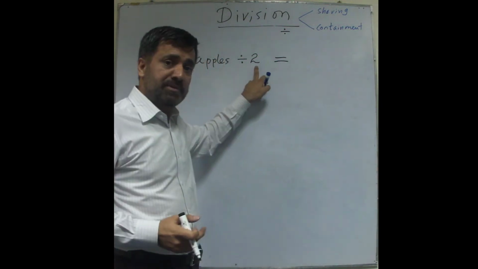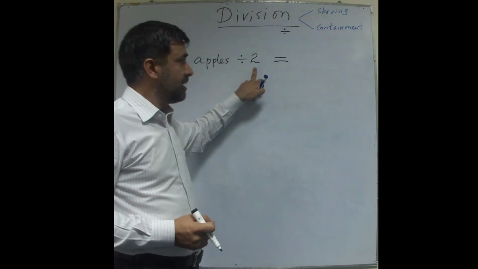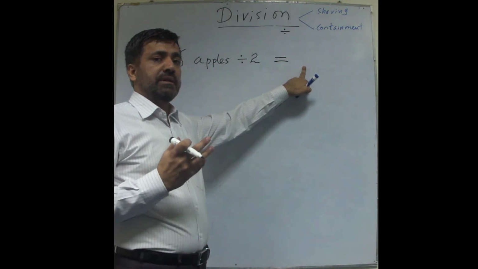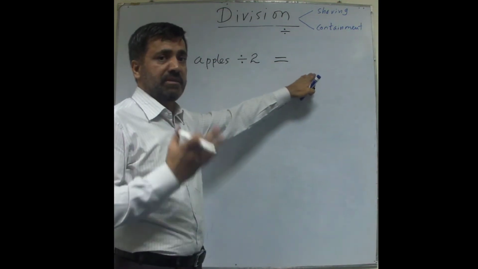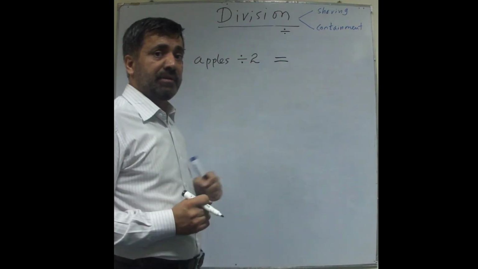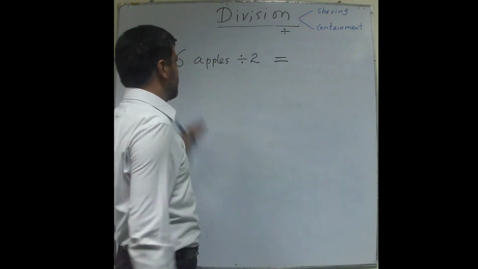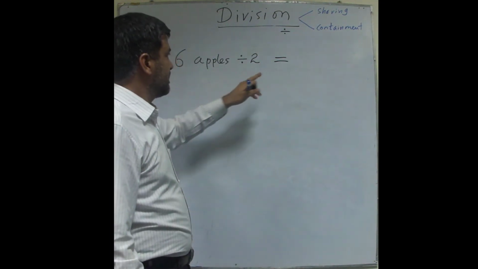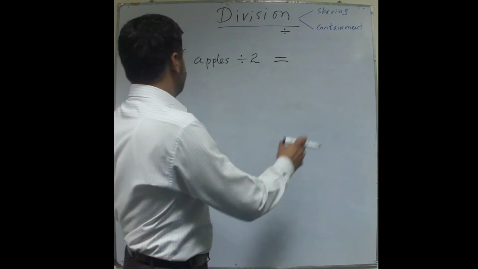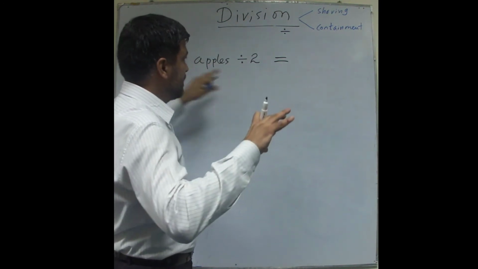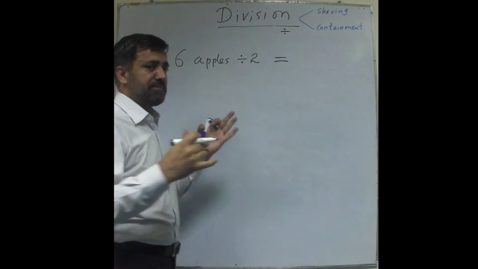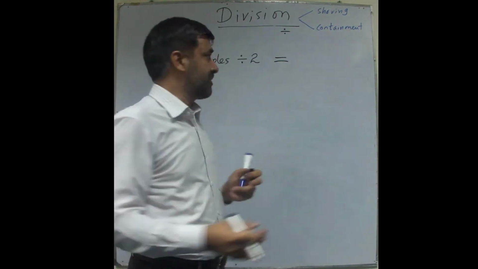Because you know the number of groups, you know the number of collections. This will give you the number of objects, in this case the number of apples, in each of these groups. So the answer will be, because you know 6 divided by 2, this will be a number such that 2 times 3 is 6.